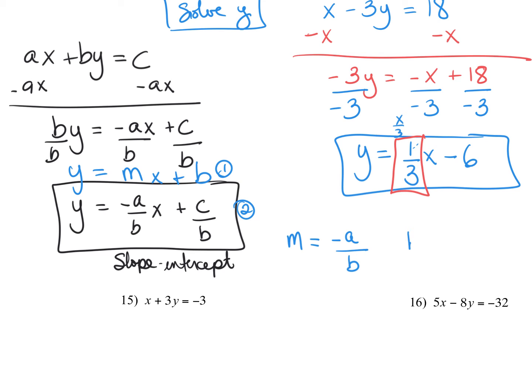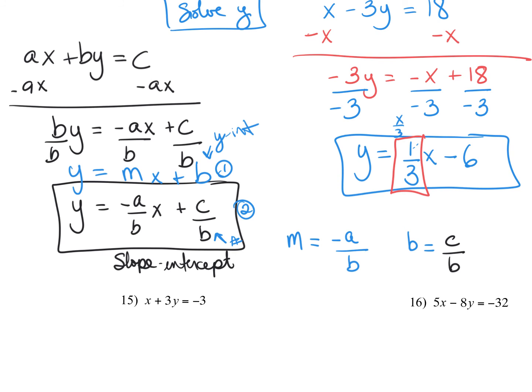And I can say that my y-intercept, now this is going to get confusing because they're both labeled b, but the blue b represents the y-intercept, and this b, my black b, is just a constant. It's a number. So my y-intercept is equal to c over b. Okay, so how can I use that?